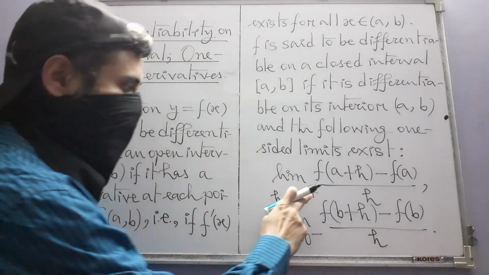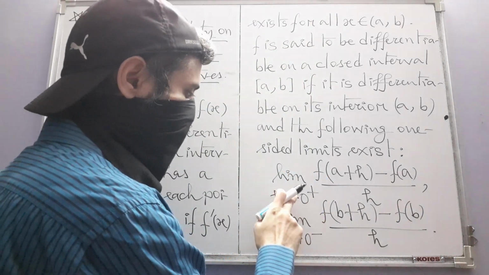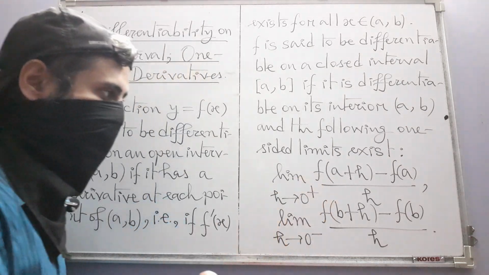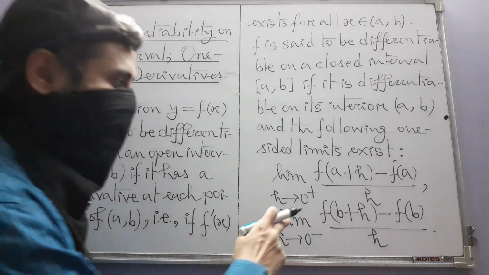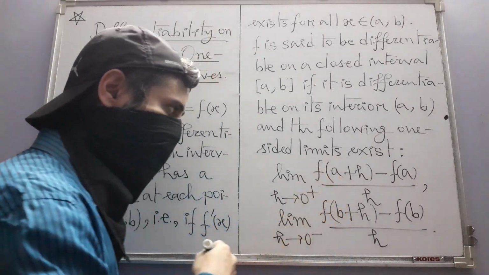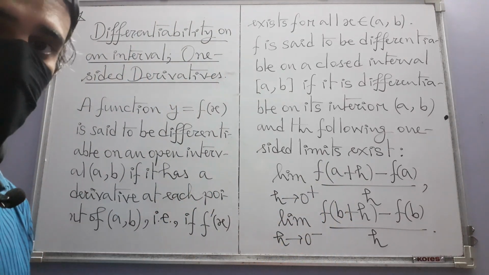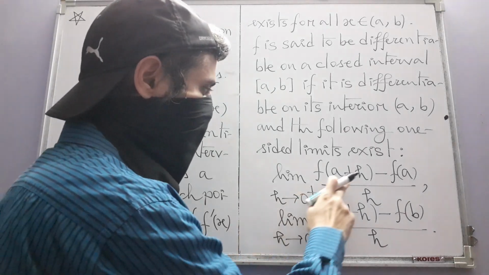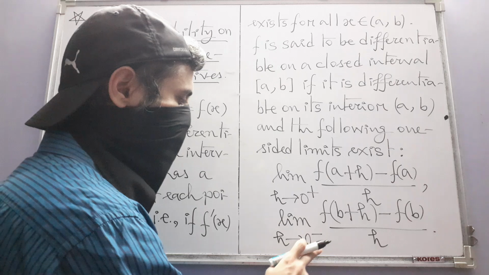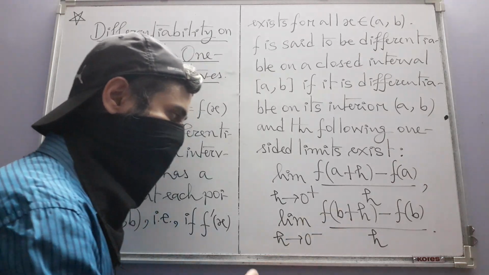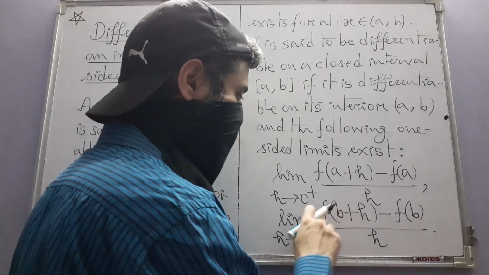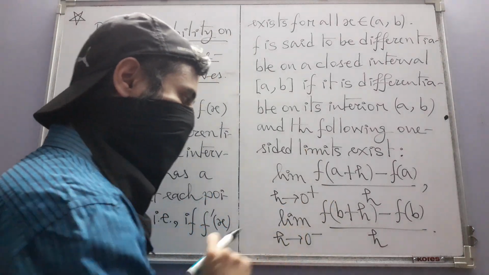Note that we considered this one-sided limit only because we only have the function defined for real numbers at a and at real numbers greater than a. So that's why h needs to be positive here. Similarly, we only have the function defined for values of the independent variable which are equal to b and less than b.